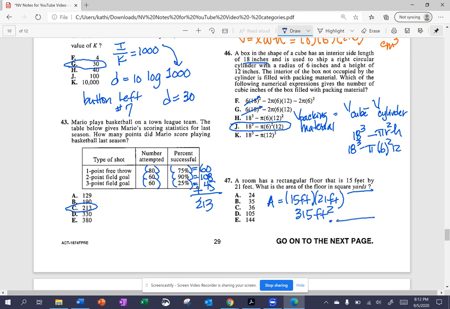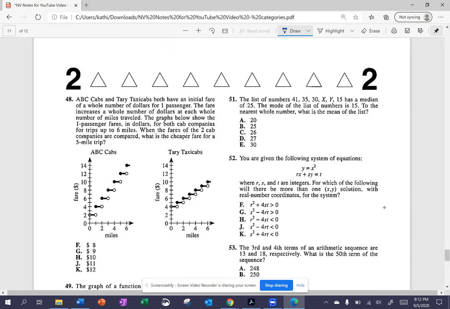And changing units, I know 3 feet equals 1 yard. But I have feet squared, so I need to square this. So this is going to be 315 divided by 9, which is 35.